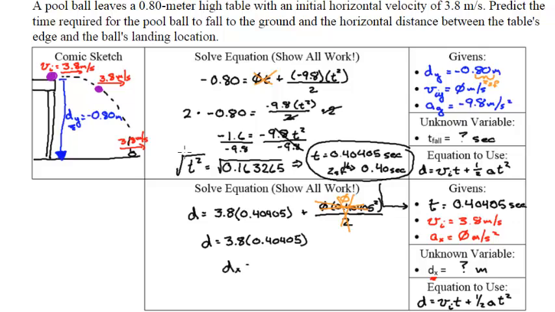Distance in the x equals 1.53539 meters. And now to apply significant figures, I still only have 2 significant figures, giving me an answer of 1.5 meters.